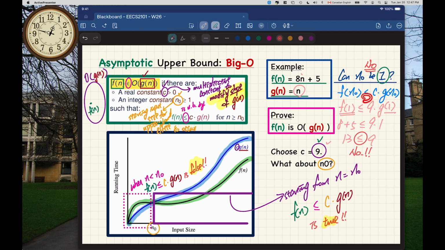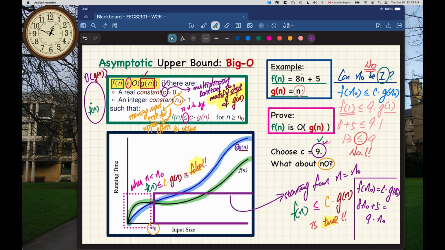Here we just want the equal sign to be true, so I'll put it aside. What we really want is f of n0 exactly equal to c times g of n0. F of n0 is 8n0 plus 5 equals, and c we have chosen to be 9, so 9 times n0.